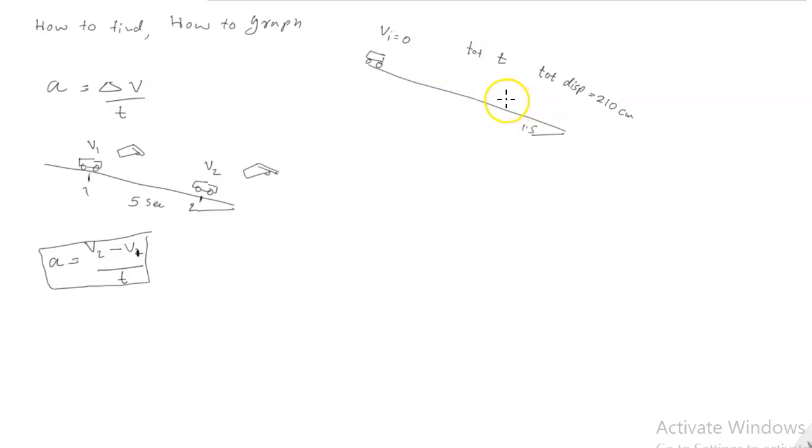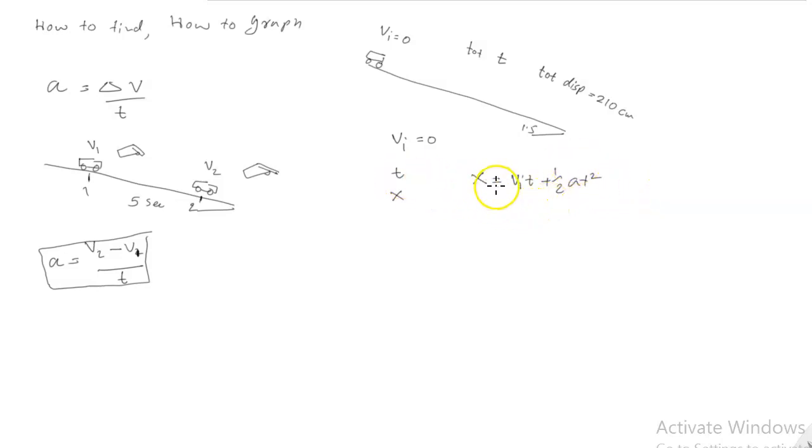So for this lab, since all we have is V initial, time and displacement, these three things, we have to go with a kinematic equation. The equation that works here is displacement equals V initial t plus half a t squared.